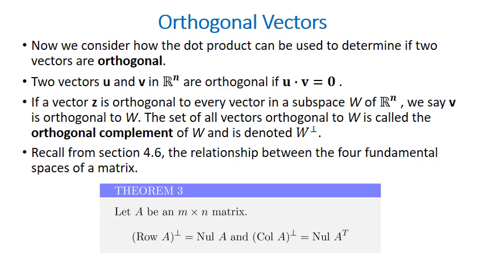Another topic that you will see in this section involves orthogonal vectors. Orthogonal vectors occur when the dot product of the two vectors is equal to 0. Orthogonal vectors means that they are perpendicular.